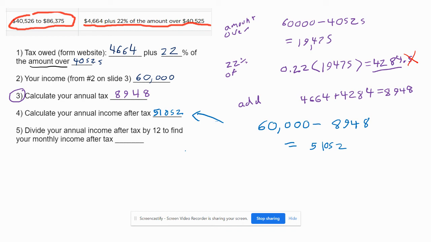Now I want to find out what I'm making monthly. I'm going to take how much I'm making in a year, 51,052, and divide it by 12. For my monthly, let me do this on the calculator, and I get 4,254.